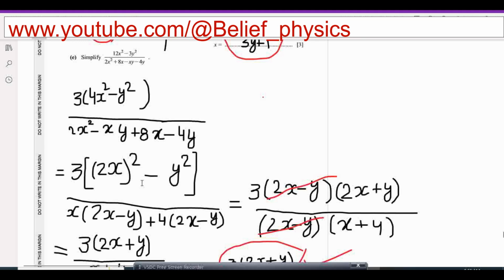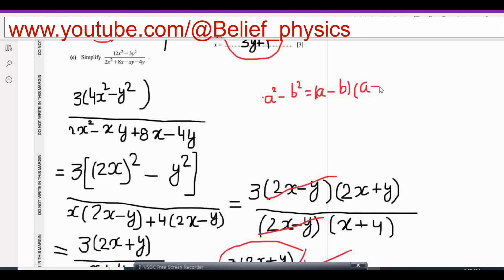So using the formula a square minus b square equal to a plus b into a minus b, we know this formula already, we have studied this, that a square minus b square is equal to a minus b multiplied by a plus b.